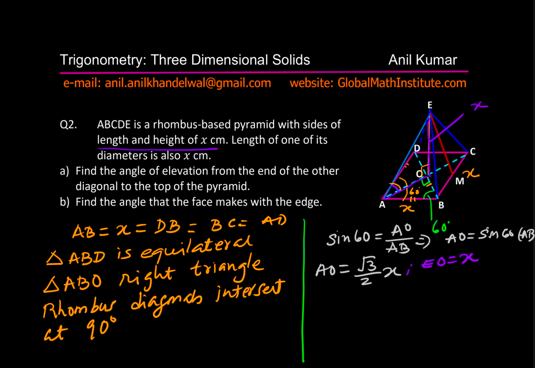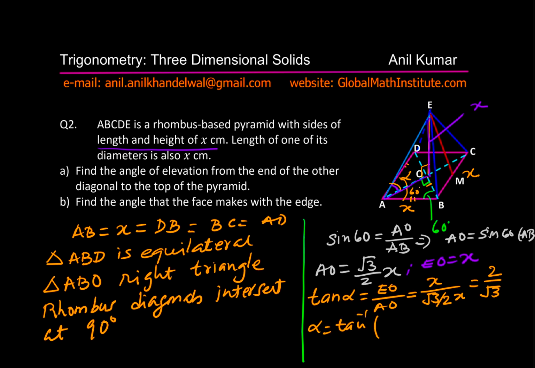Let's call this angle alpha, the elevation angle. So tan alpha equals EO over AO, which is x over square root 3 over 2 times x. The x cancels, and we get 2 over square root 3. So alpha equals tan inverse of 2 over square root 3.